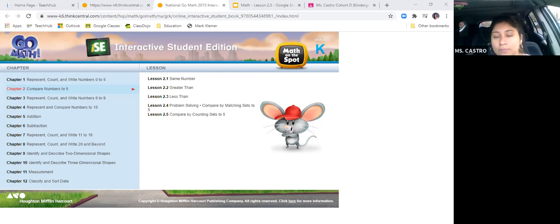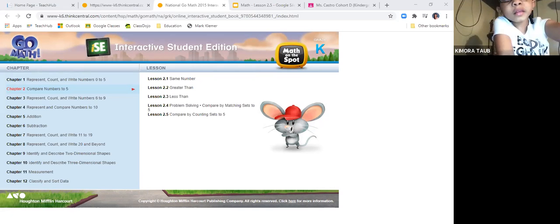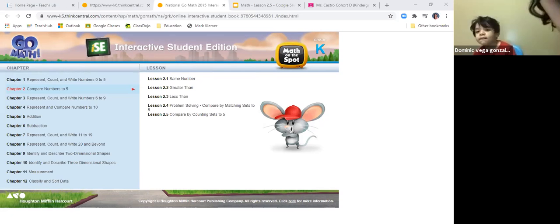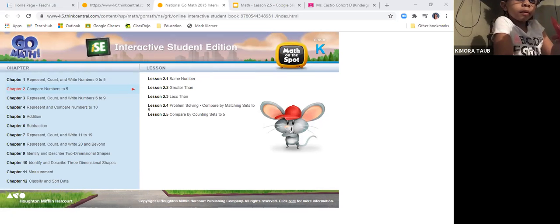And this nest has 1, 2, 3 eggs. But which nest has a number of eggs that is less than the other? I think we have to compare the number of eggs.